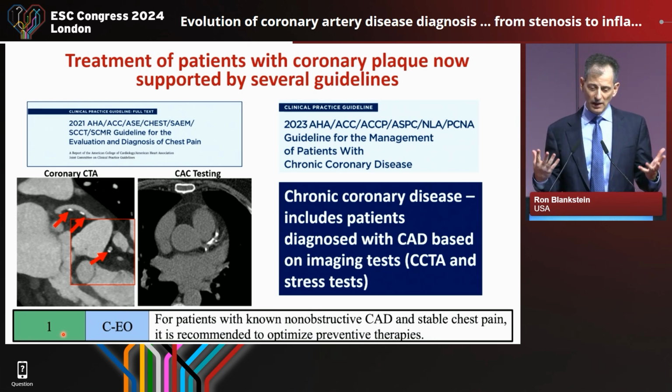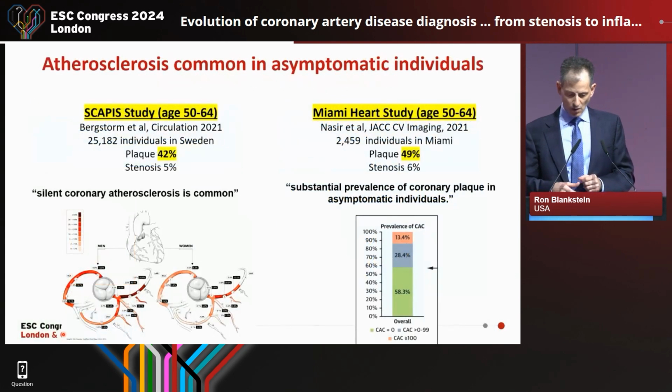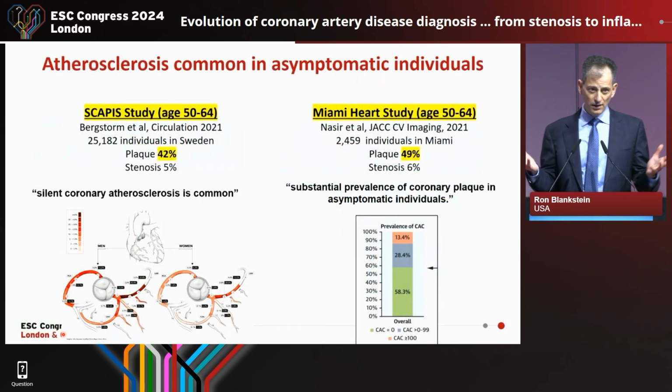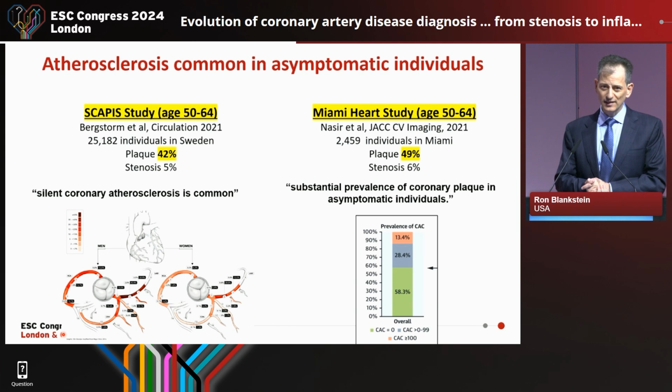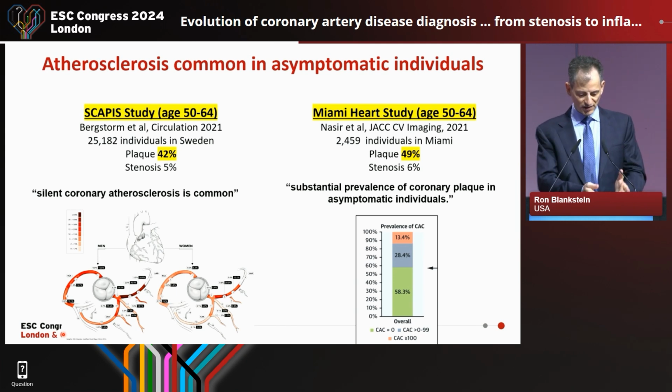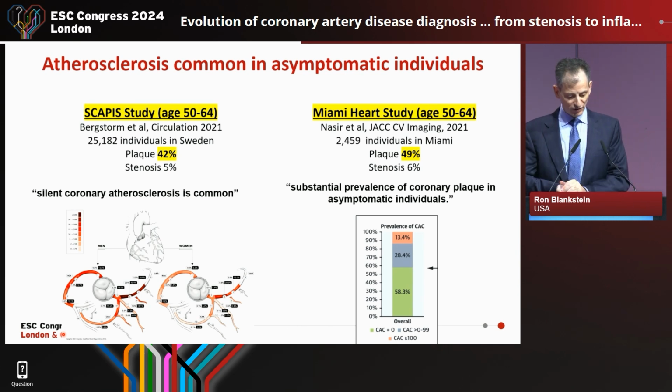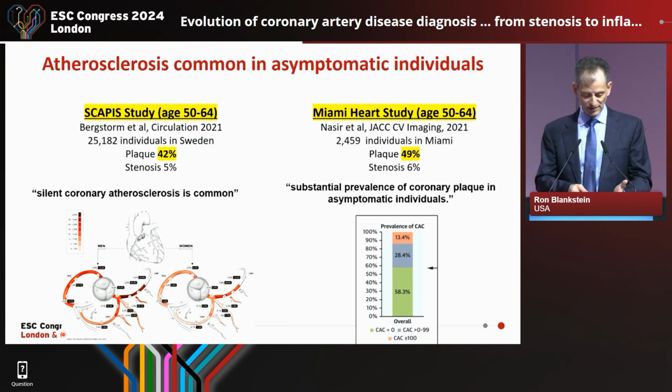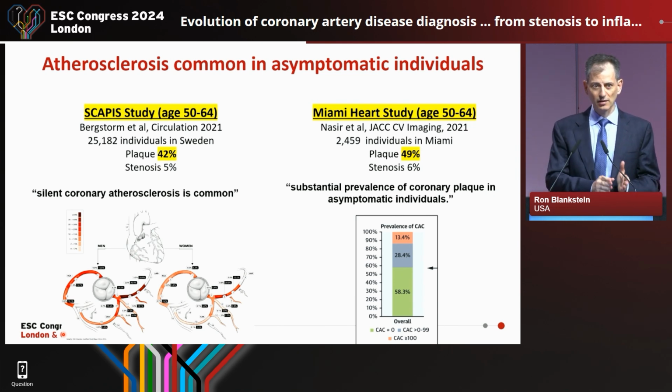Now, when we talk about plaque, a natural question often is, what about patients who are asymptomatic? And how prevalent is it that individuals have plaque? The largest study to show this is the SCAPIS study from Sweden, showing that 42% of individuals, and these are individuals between the ages of 50 to 64, had underlying atherosclerosis.